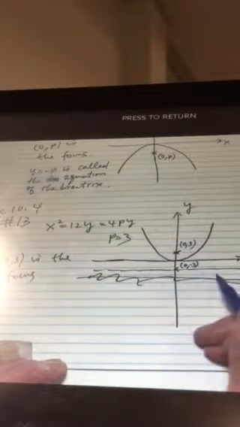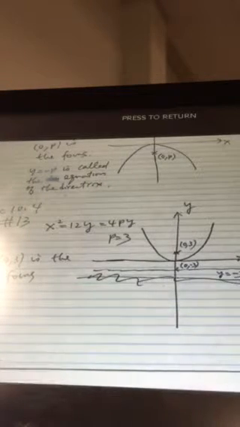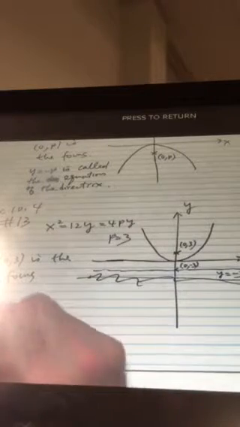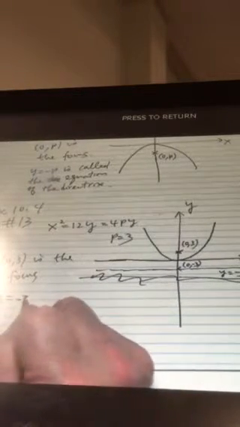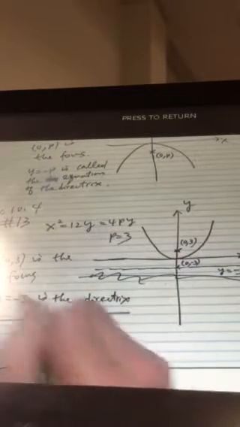So this line is y equal to negative 3, y equal to negative p. This is the directrix. That's what they asked us.